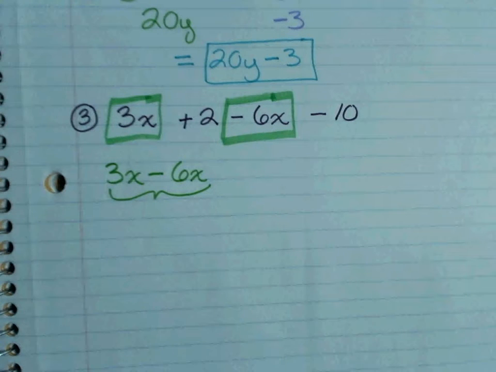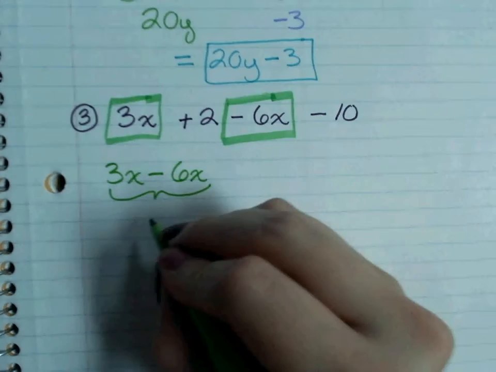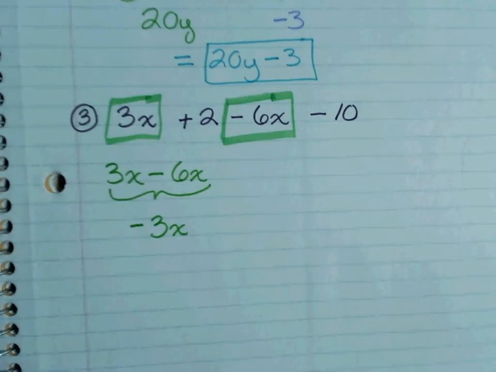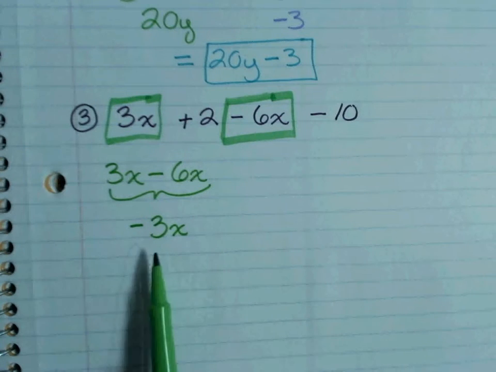You had the right number, but you didn't have the right sign. Negative 3. So it's a negative 3x. You guys have to be careful about that. Those signs are going to throw you off. Negative 3x when we subtract them.